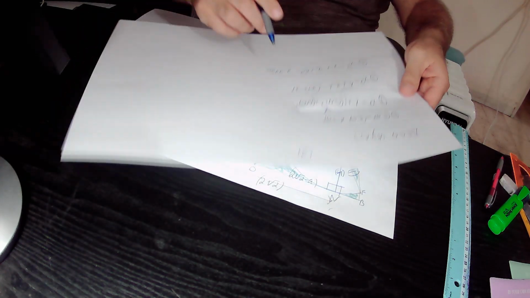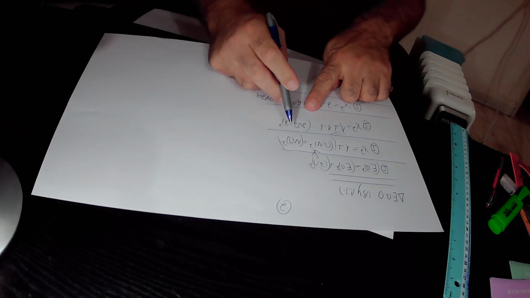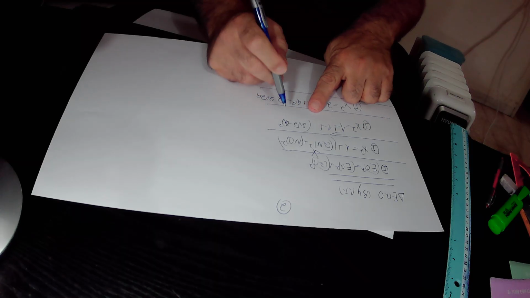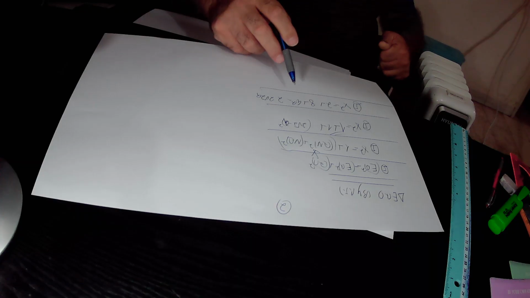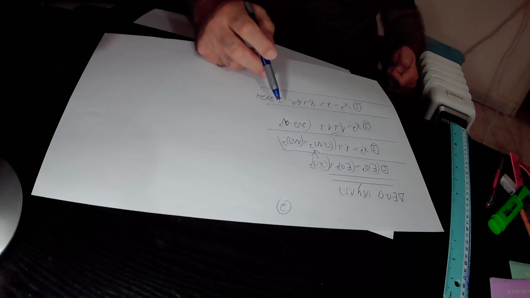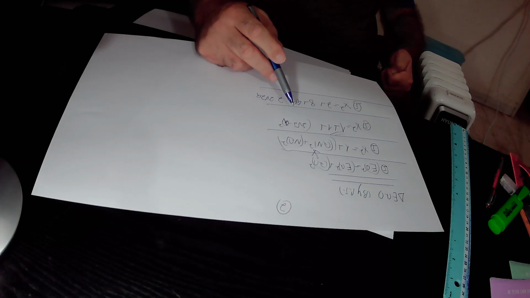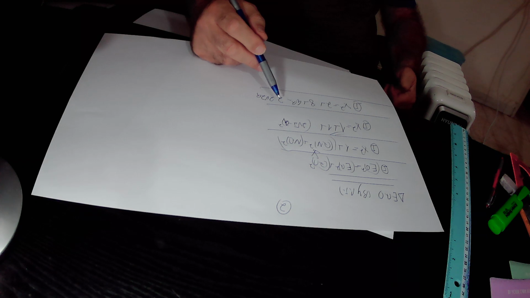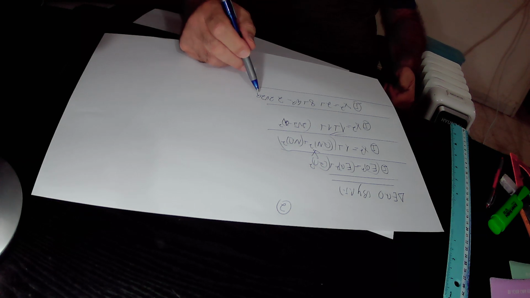Here, ON equals 2 times square root of 2 minus a, not minus 2 but minus a. Okay, so ON squared equals 2 times square root of 2 minus a, squared. And therefore 2 times square root of 2 squared is 8, plus a squared minus 2 times 2 times square root of 2 times a.